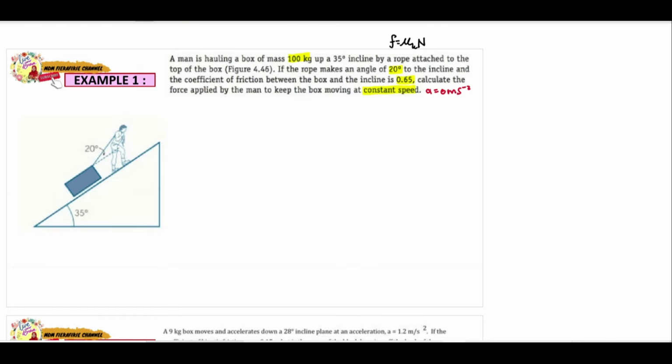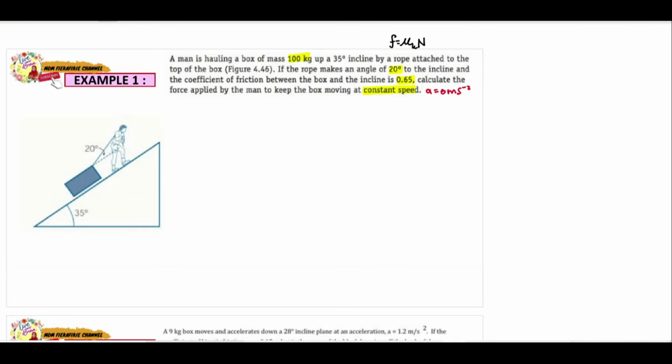So now before we start our calculation, make sure you know how to draw the free body diagram correctly. Kalau tak pandai buat free body diagram, calculation kita memang akan salah. Jadi tips yang pertama, bila you ada inclined plane, make sure you tengok dekat mana objek bergerak, on which surface.